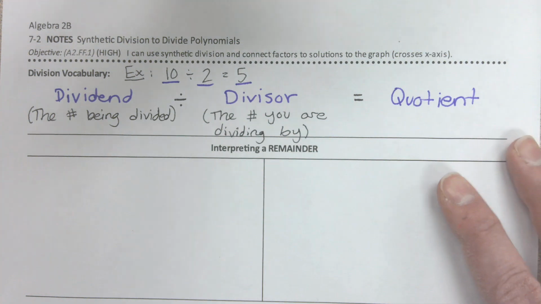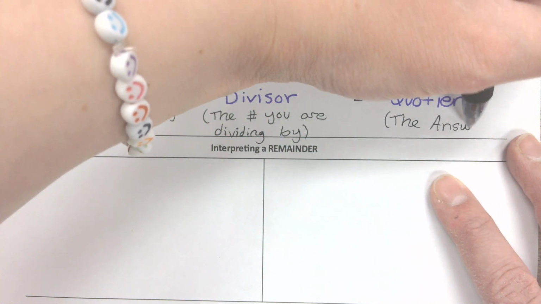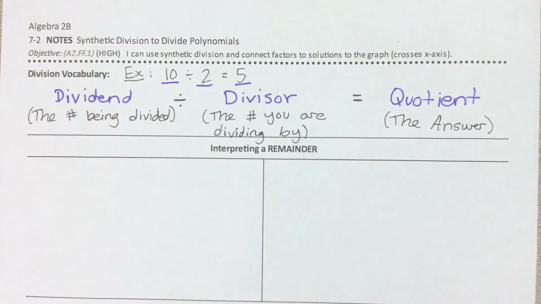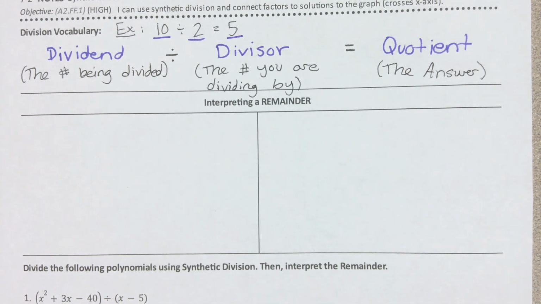Quotient is the easiest definition. It's the answer. Of those 3 words, I'm going to say divisor a lot, so it's just helpful to be aware of the 3 terms.